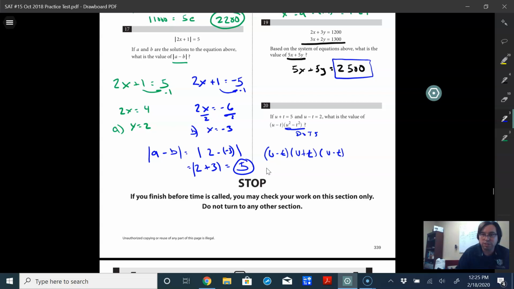And we see u plus t is equal to 5, and u minus t is equal to 2. So we can start inserting these values here. Essentially we have 2 times 5 times 2, and if we collect that together, that's 10, 10 times 2, and so you get an answer choice of 20.